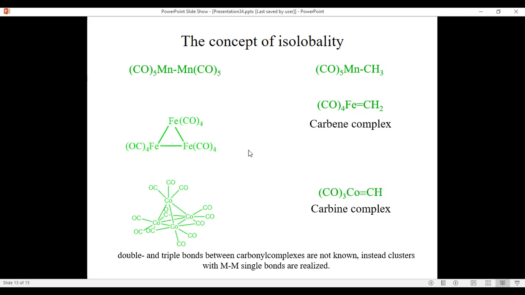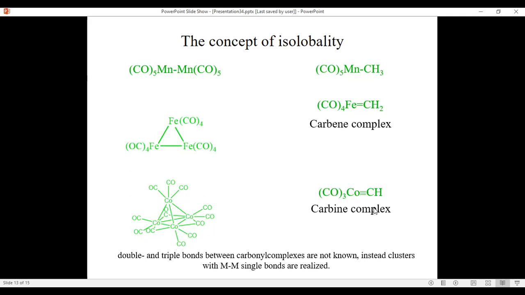So now one could, of course, also think about combining the organometallic fragment with an organic fragment. That organic fragment would then need to be a 5 valence electron fragment, because 8 minus 5 gives 3, meaning 3 frontier orbitals with 3 electrons in it, and that would constitute isolobality to the Co(CO)3 fragment.